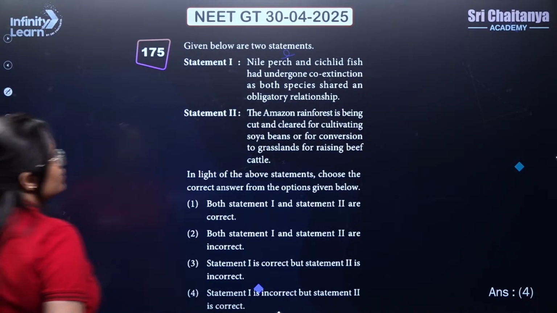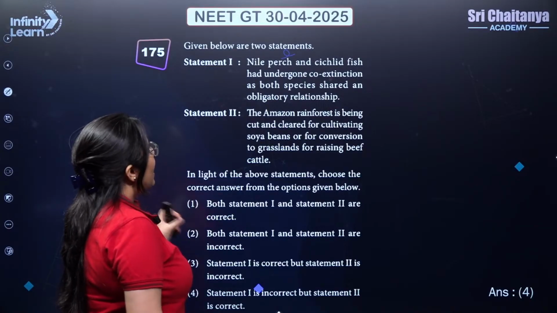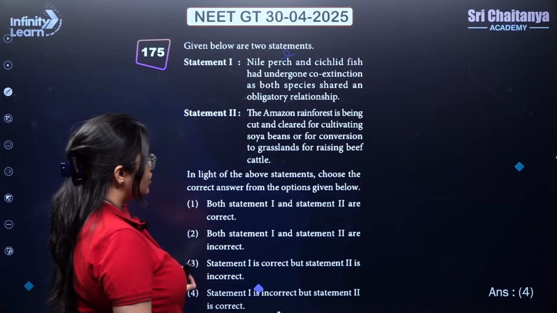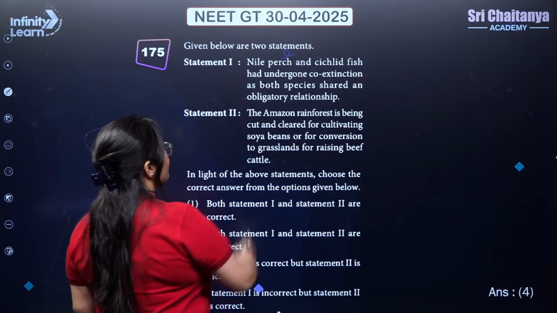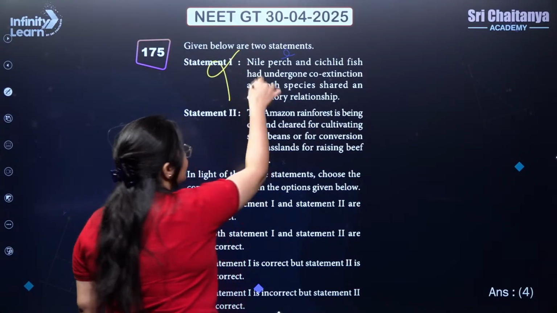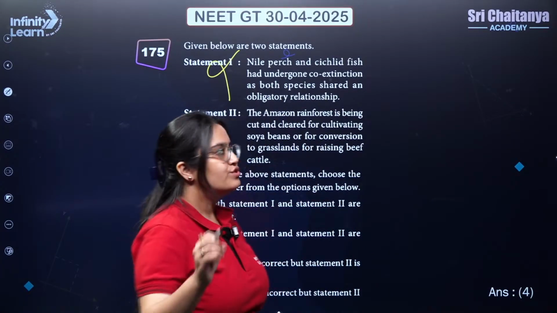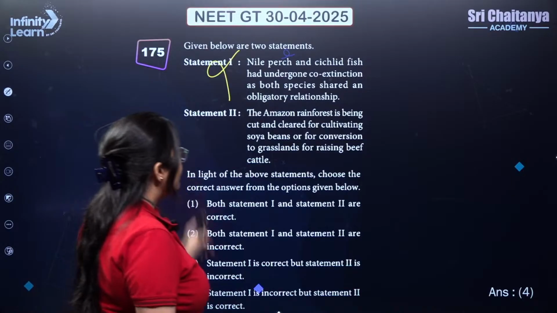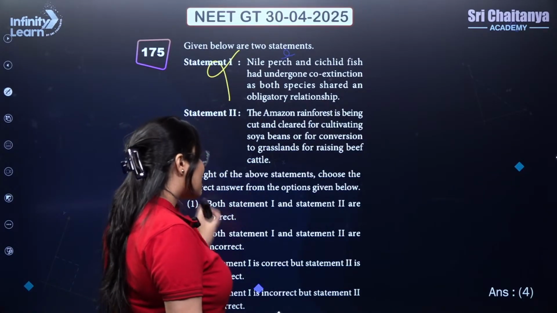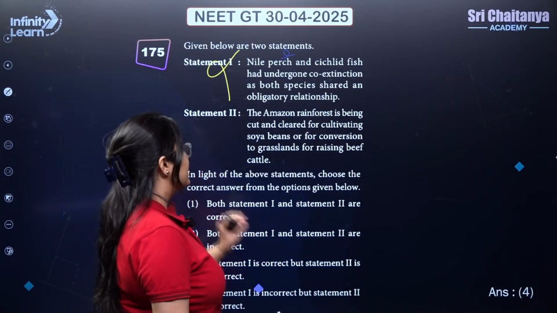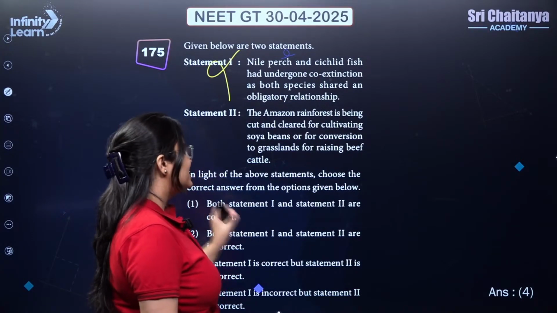Nile perch and cichlid fishes had undergone co-extinction as both species shared an obligatory relationship. This is wrong. This is actually an example of alien species invasion. Amazon rainforest is being cut and cleared for cultivating soya beans or for conversion to grasslands for raising beef cattle.